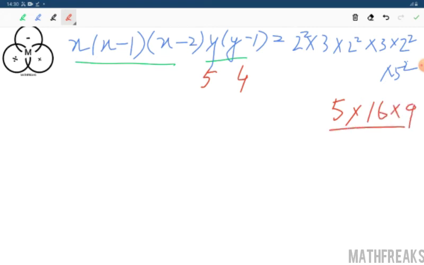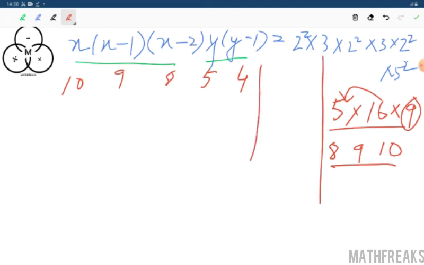This cannot be resolved into 3 consecutive numbers. Oh, 8, 9, 10. Yes, it's possible. This can be 9, this is 10 and this is 8. 8, 9, 10 is possible. So one possible value of x plus y that we are getting is 10 plus 5.